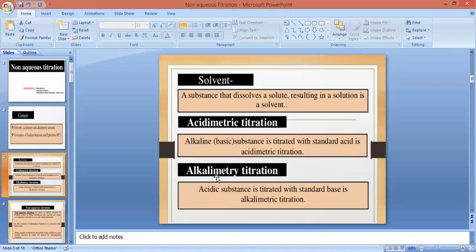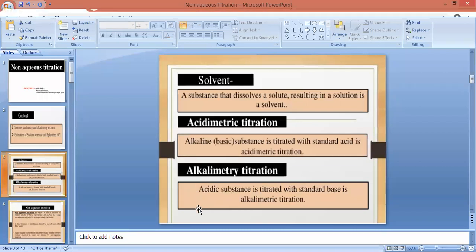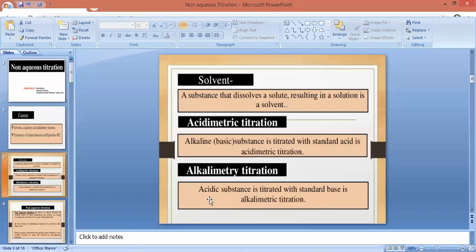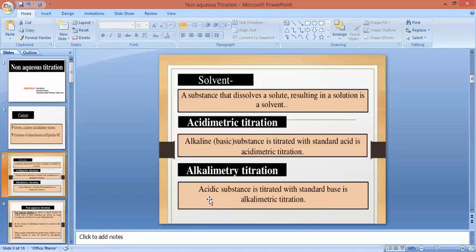Second type of non-aqueous titration is the alkalimetric type of titration. It is particularly used for the determination of acidic drug substances. So in alkalimetric type of titration, with the help of standard base, we can find out the concentration of acidic substances. It is known as alkalimetric type of titration.